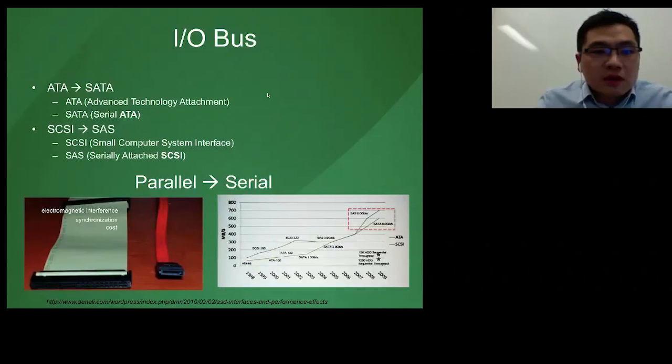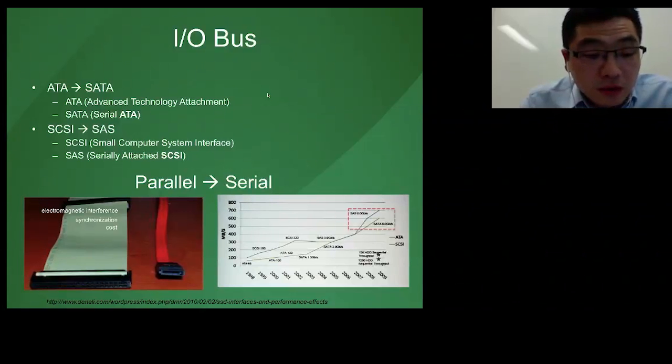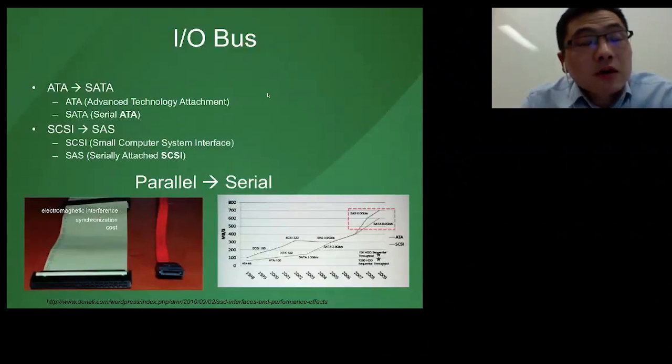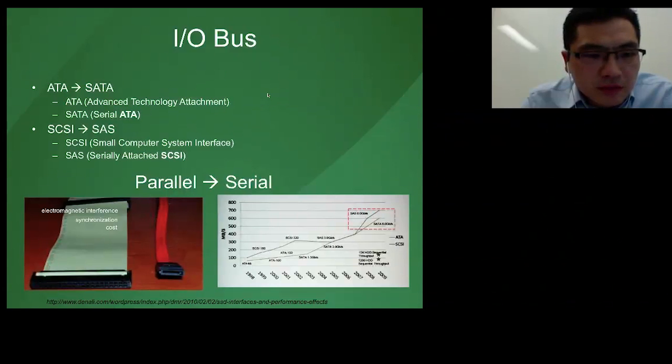The picture on the left shows the one we used a few years ago. It's a parallel I/O bus. Still, it has electromagnetic interference, and it's also costly.